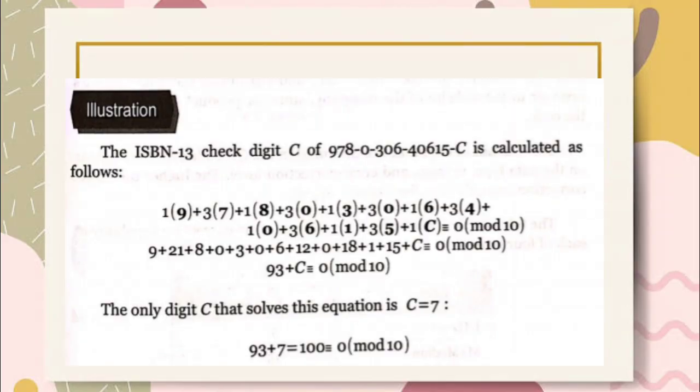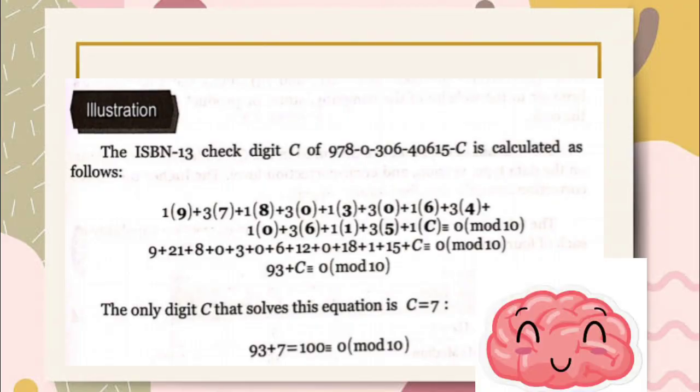The ISBN-13 check digit C of 978-0-306-40615-C is calculated as follows.